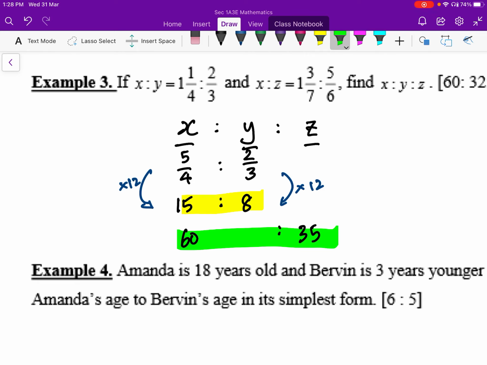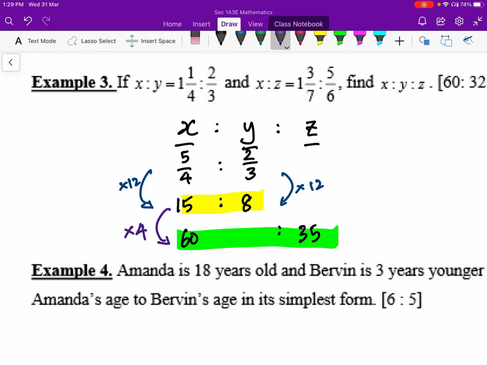I want to make 15 become 60. Either that or I make 60 become 15. One will be better than the other. So clearly, we want to change the 15 to become 60 to find its equivalent form. What should we multiply 15 by to get 60? So here we multiply by how much? 4, right?